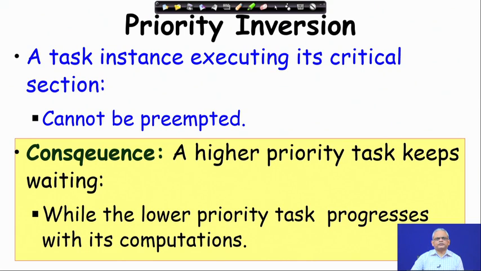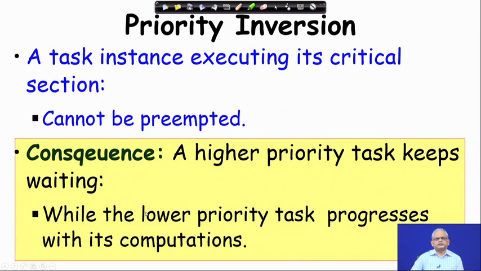It may so happen that the task executing its critical section is a very low priority task, maybe result logging or something, and now we have a very high priority, critical task which has become ready, but then it waits before the task that is executing releases the semaphore.